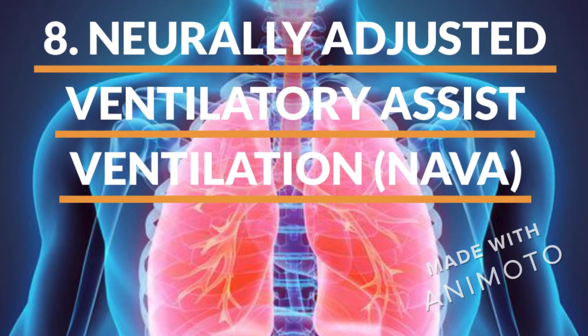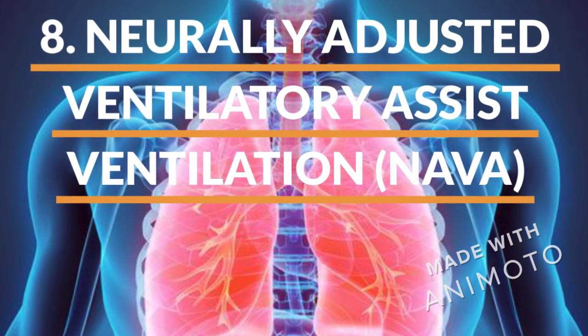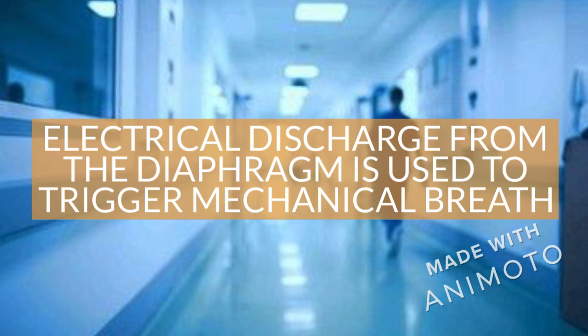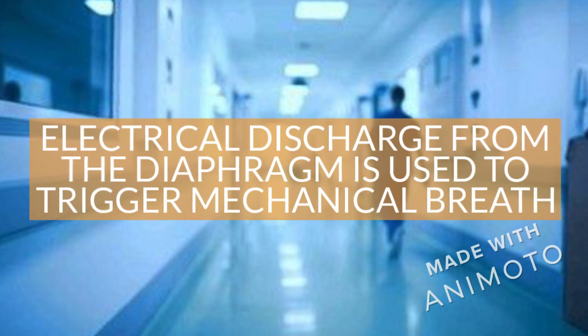The next type of ventilator mode is neurally adjusted ventilatory assist, that is NAVA. It is a kind of investigational ventilatory mode in which the electrical discharge from the diaphragm is used to trigger the mechanical breath. What happens when the signal reaches a threshold?